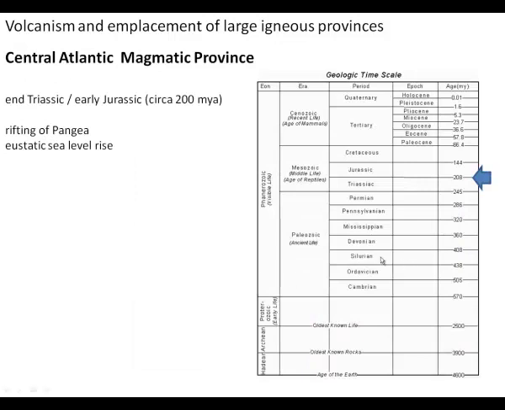Just a reminder that we're talking about the end Triassic and the start of the Jurassic periods, so around 200 or so million years ago, and the emplacement of the Central Atlantic magmatic province is associated with the rifting of Pangaea and a major episode of eustatic sea level rise.